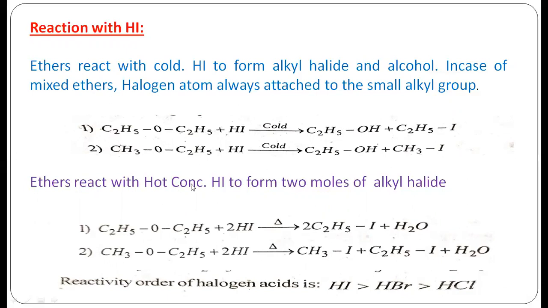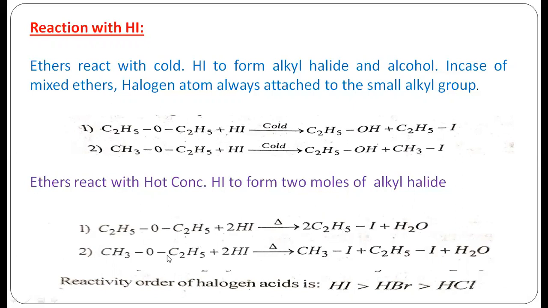Ethers can also react with hot concentrated HI to form 2 moles of alkyl halide. With cold HI, one alcohol and one iodide are produced, whereas with hot HI, 2 moles of iodide are produced, and the byproduct is water.